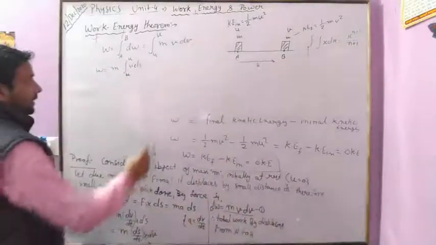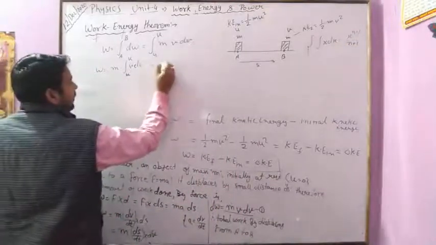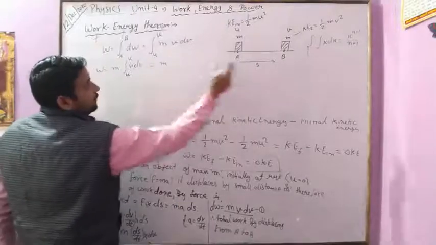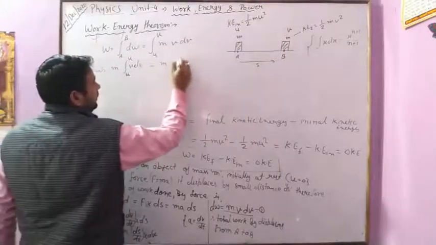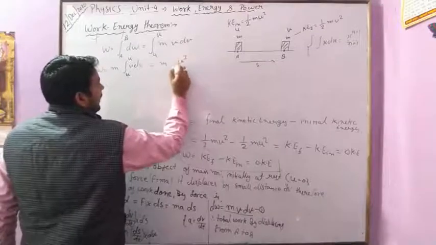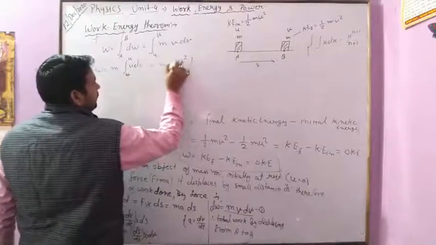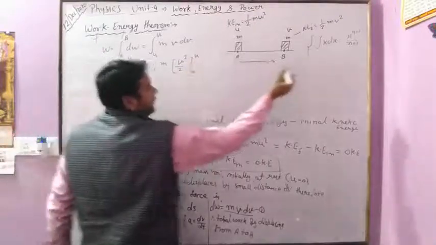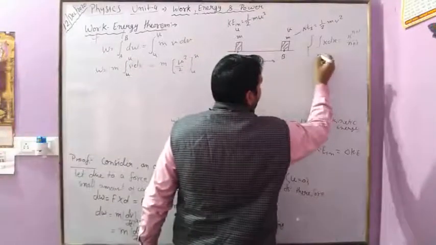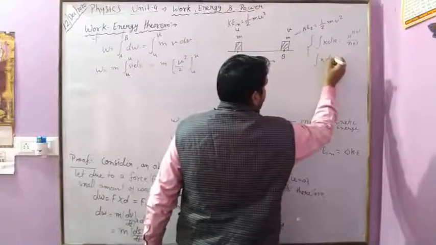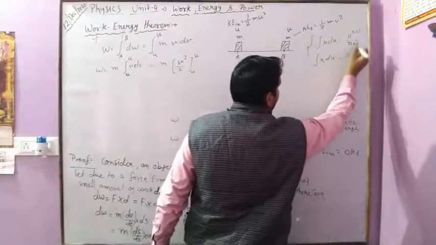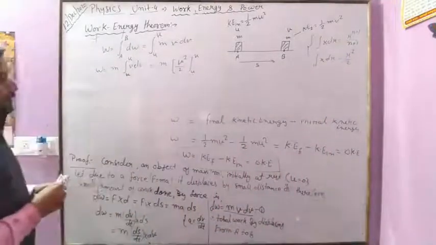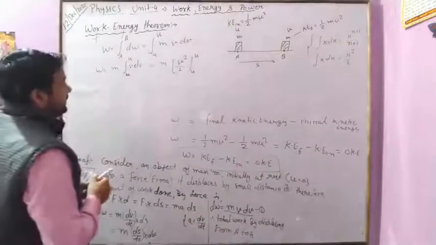Okay, so we can put here the same formula, that m, by using it, v square upon 2, and the limits from u to v. Here we can say this, if we have x dx, so we can prove it by using this x square upon 2. Okay, this is the simple formula of integration.